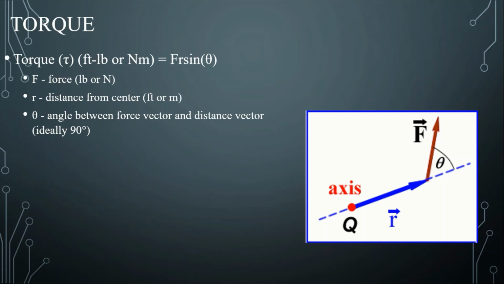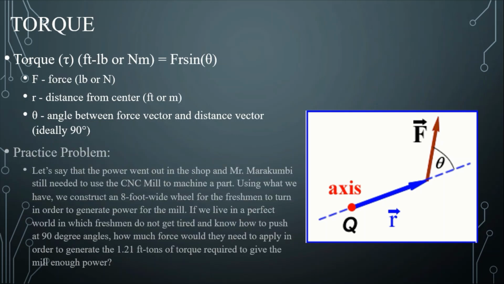And if that's the highest value that sine can get, that means that that will give you the maximum amount of torque. So knowing the formula and that being at 90 and turning something tangent to distance is pretty cool.